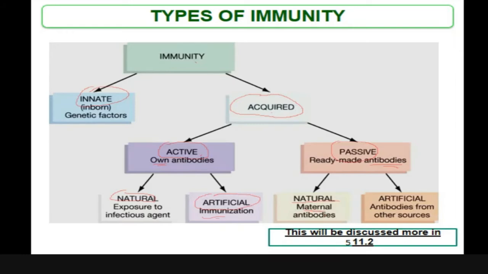So baby receives passive acquired immunity naturally, diterima secara natural. But for artificial, antibodies come from other sources, maybe another organism. So the antibody comes from another organism and then injected into our body. Kalau maternal tadi natural, dia masuk melalui peredaran darah antara ibu dan anak.